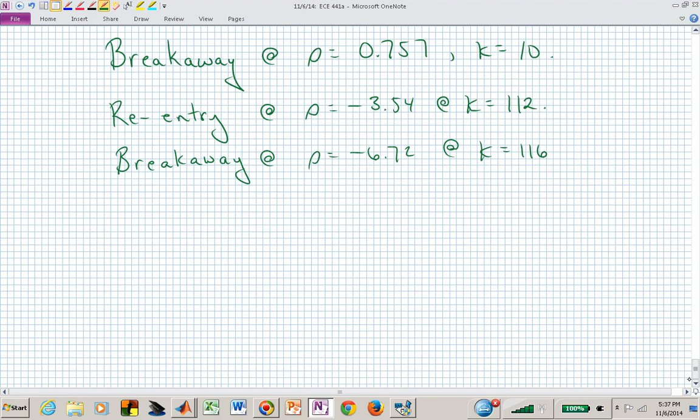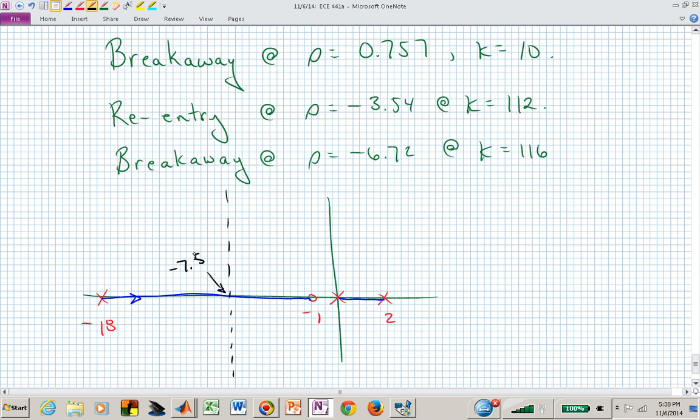This now allows me to more effectively at least label. I don't know if my sketch is going to be that much nicer, but I can now say that I have a better feel for where these features actually belong. My centroid of my asymptote was at minus 7.5.